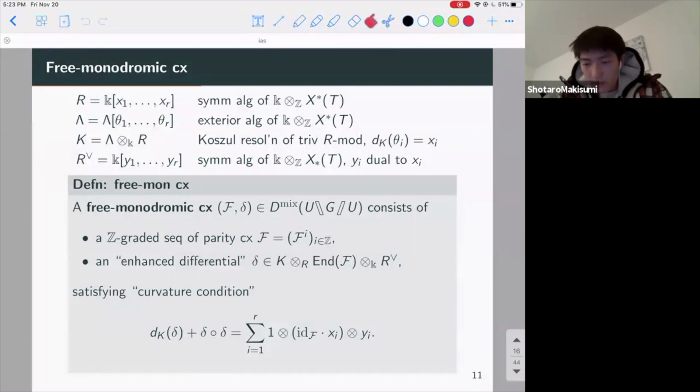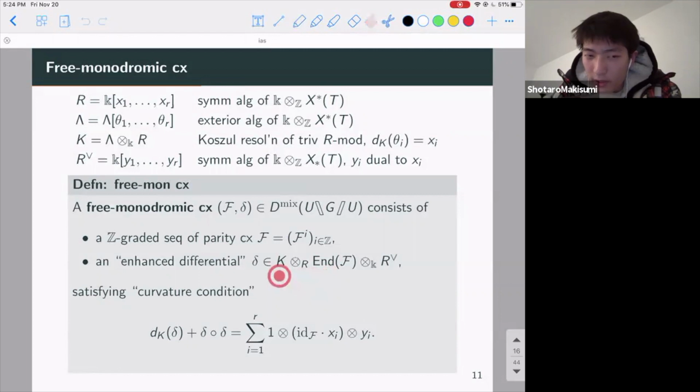Then here was the definition of free monodromic complex, an object of this question mark category that we invented in AMRW. Well, a free monodromic complex is not quite a complex. It's almost a complex of parity complexes, but the differential is allowed to have some components which involve some odd variables on the left and also some dual polynomial variables, thetas on the left and y's on the right.